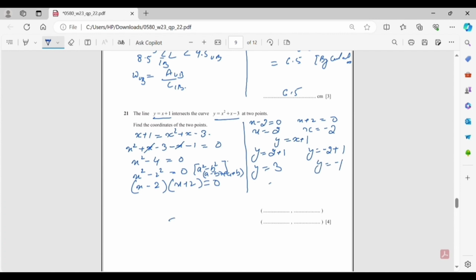So the points will be 2 and 3, and minus 2 and minus 1. Right. So here it will be 2 and 3, minus 2 and minus 1. Next, question number 22.